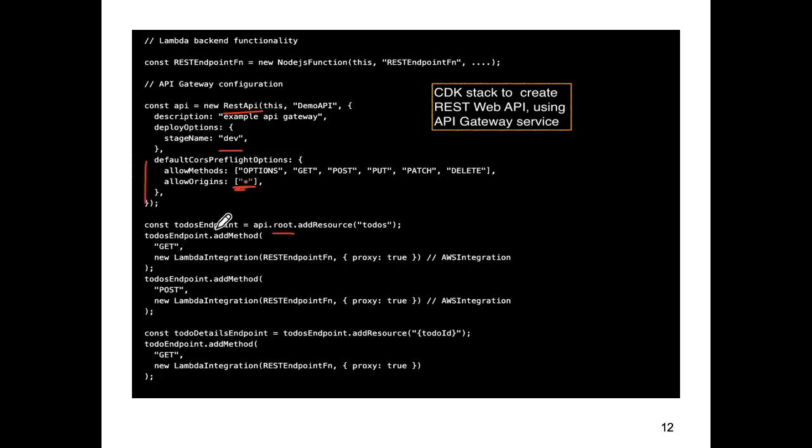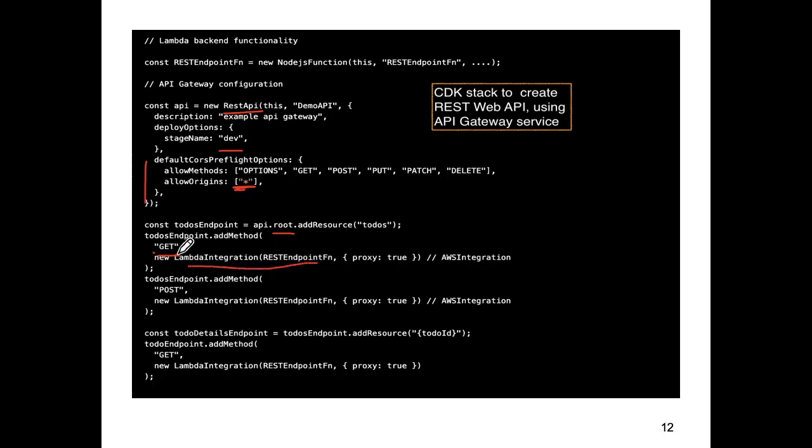That endpoint, I'm further expanding on it here. I'm saying that endpoint supports a GET method request. And for that combination, a GET method request to this endpoint, I'm now integrating that with a particular backend.